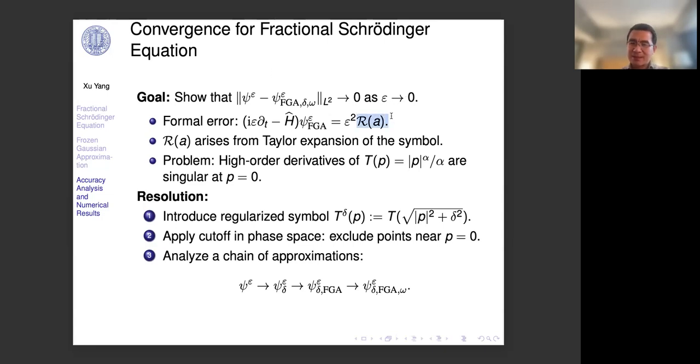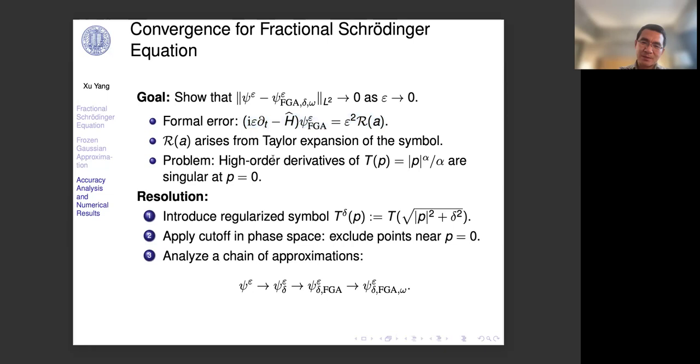The strategy is still to find a bound on the remainder term, and then do the energy estimate on this error equation. Once we have both done, we can conclude, as we did for the standard Schrödinger equation, the accuracy for the fractional Schrödinger equation.